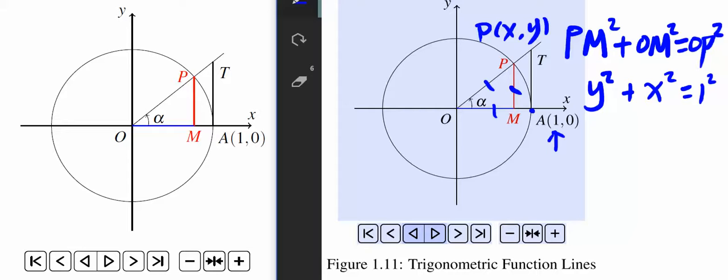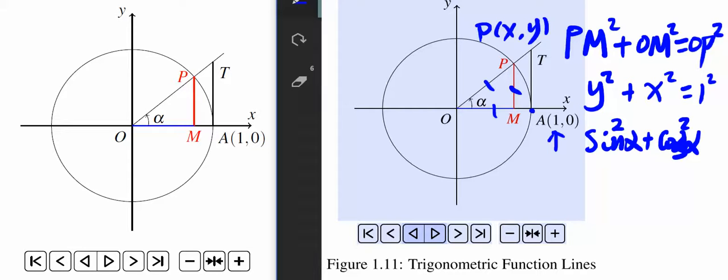The y coordinate is sine. So sine alpha, that's y. In the unit circle, PM is the y coordinate, which is sine alpha. So sine alpha squared plus the x coordinate, which is OM, so cosine alpha squared.